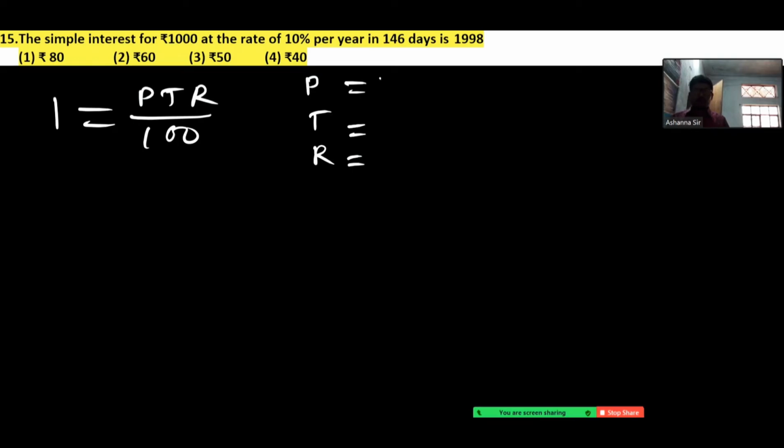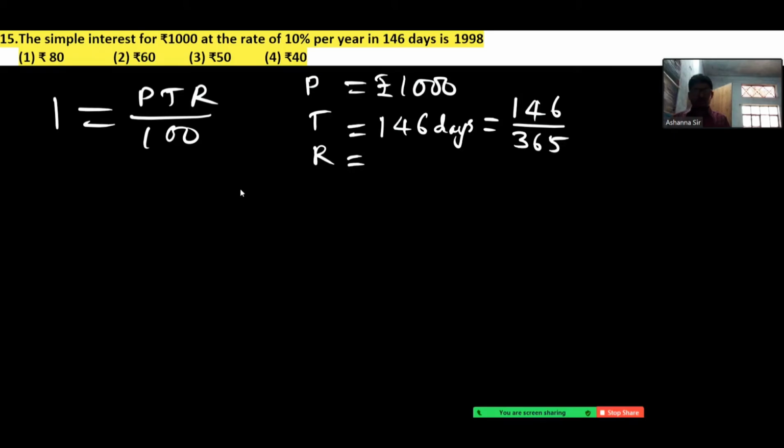Principal 1000 rupees, time 146 days, which means we have to convert this: 146 by 365. Rate of interest 10%.